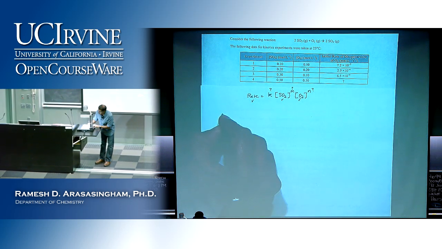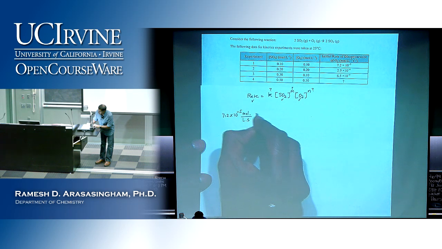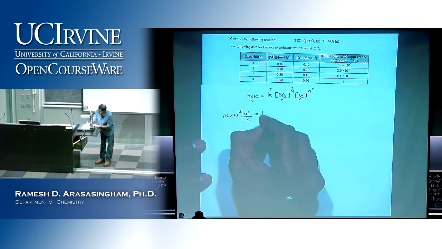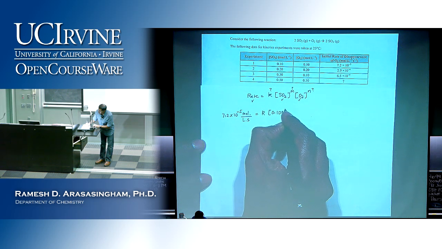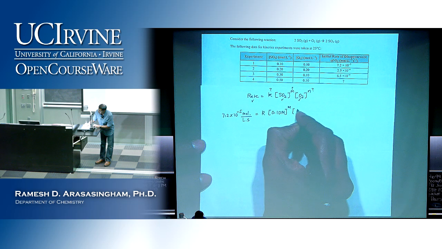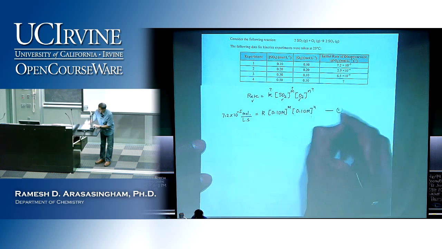The first one would be 7.2 times 10 to the negative 5 moles per liter per second equals K, concentration of SO2 is 0.1 molar raised to the power M, concentration of O2, which is 0.1 molar raised to the power N. So that's one equation.